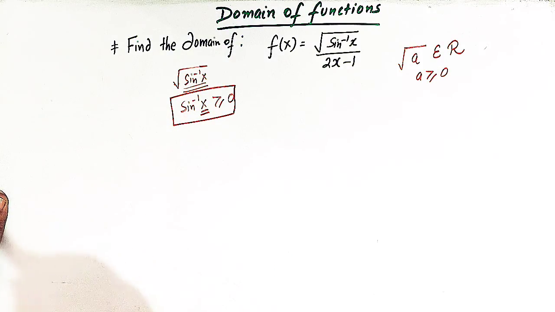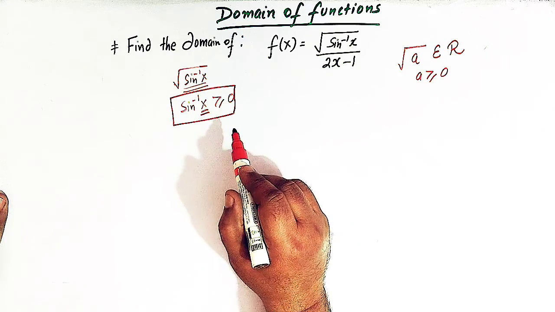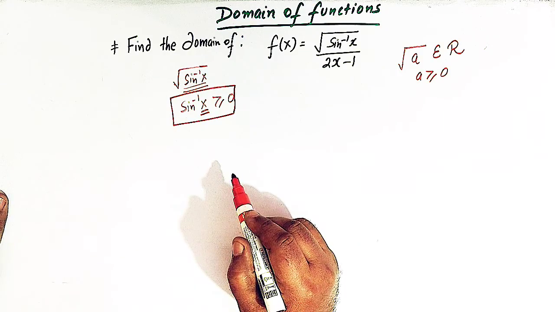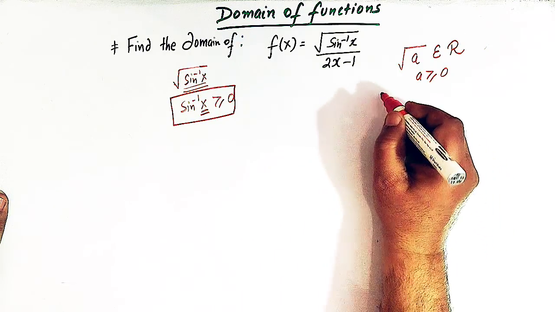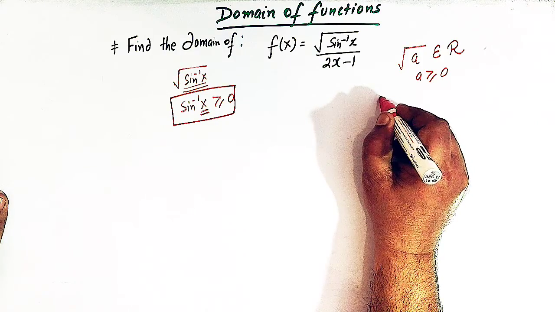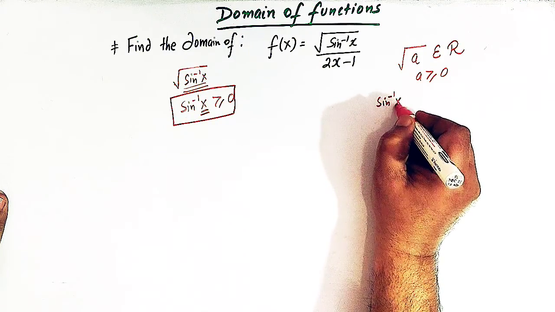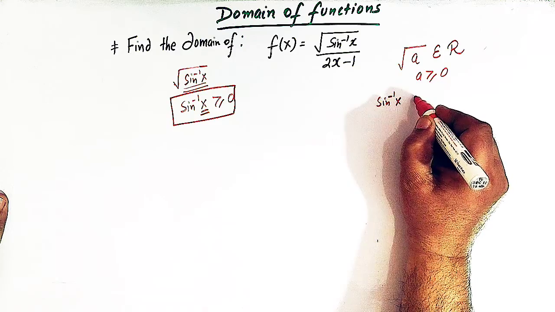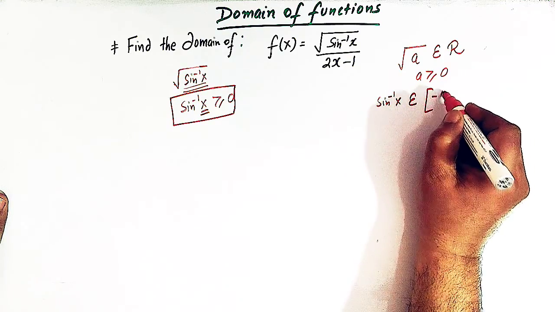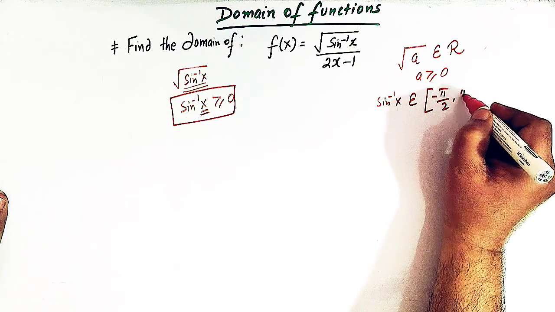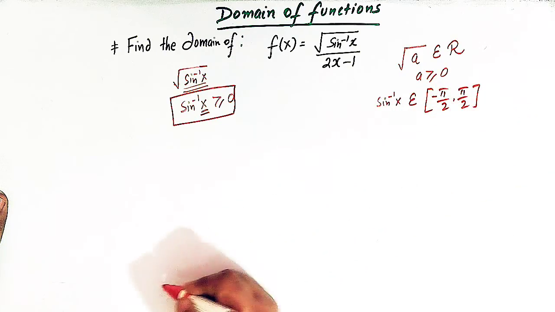So for this we'll make use of some concepts from inverse trigonometric functions. So from inverse trigonometric functions we know that the range of sine inverse x belongs to this interval, that is from minus pi by 2 to pi by 2, right?